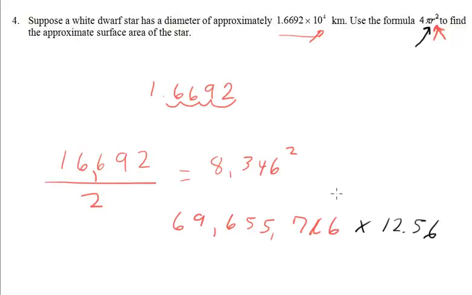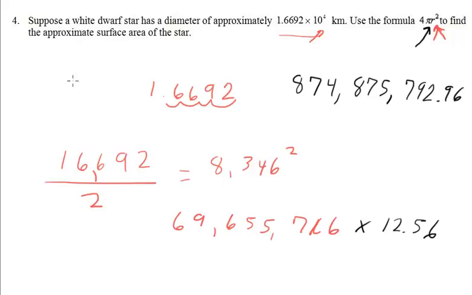So if I do all that on my calculator, I get a huge number, 874,875,792.96.